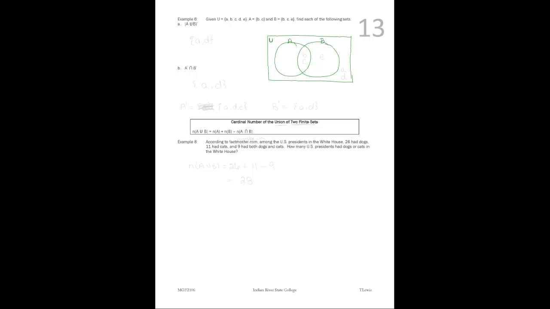What's in the middle here? That's what sets A and B have in common. So what do they have in common? B and C.